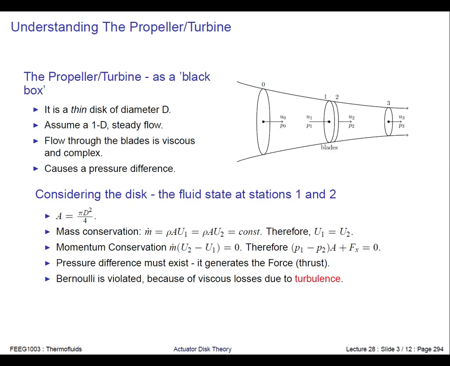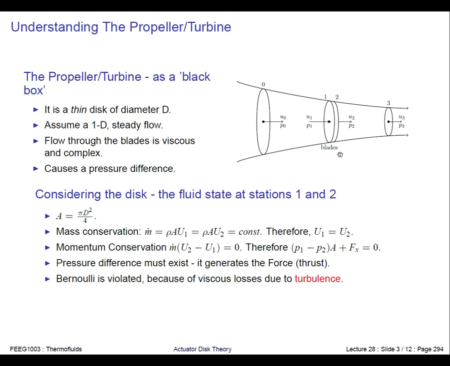Propellers are quite complicated. It's a three-dimensional flow. It's viscous because we've got boundary layers forming. There's rotational momentum, and we're not really interested at this stage in that complex flow. So what we do is we treat our propeller as a black box, more specifically as a thin cylinder.